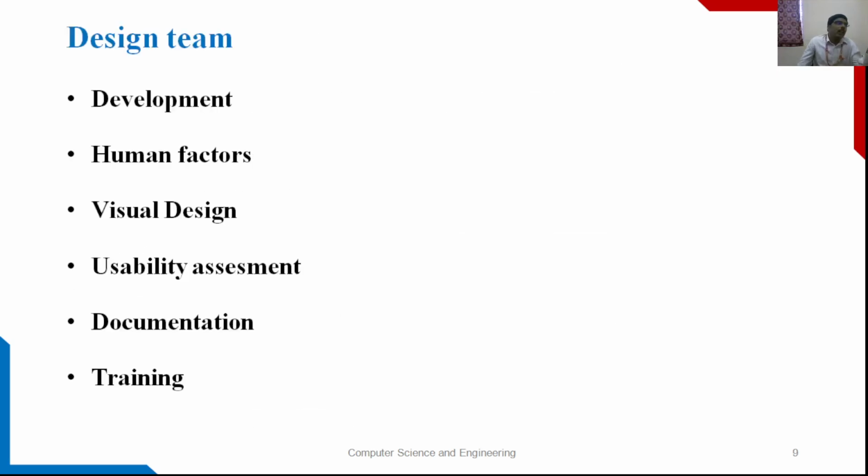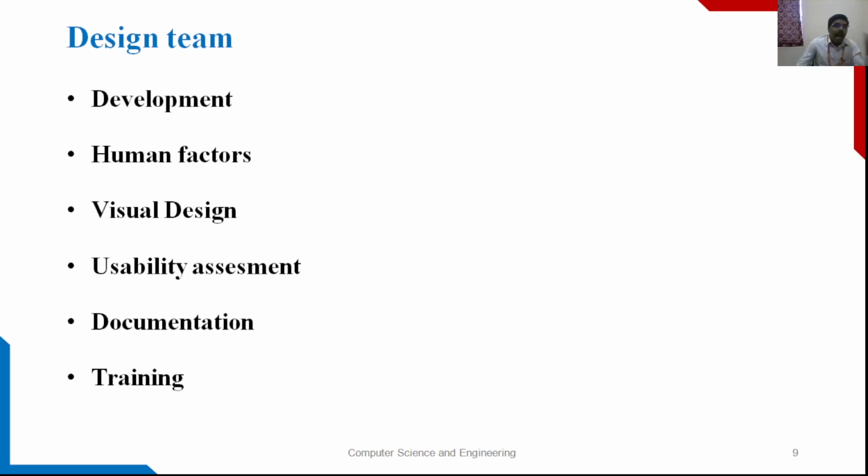Next, coming to the next topic, the design team. There are a few design teams. The importance of the design team covers development, human factors, visual design, and usability assessment and training. How do these teams act in the action plan?